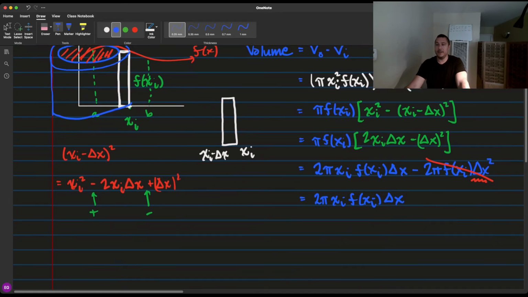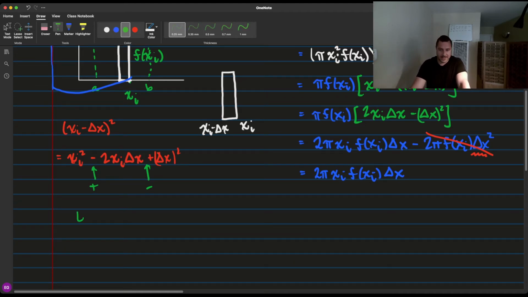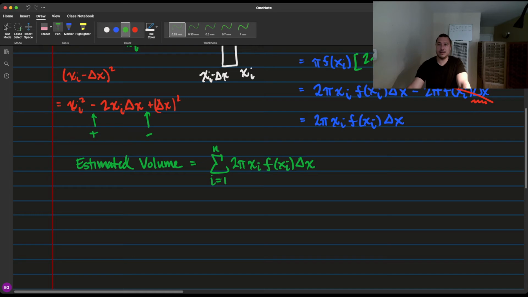Okay, so if you wanted to find the total volume, or if you're going to estimate the volume, you're just going to sum those. So you'll do the sum from i equals 1 to n of 2 pi xi f of xi delta x. And then if you wanted the actual volume, you would take the limit of this.